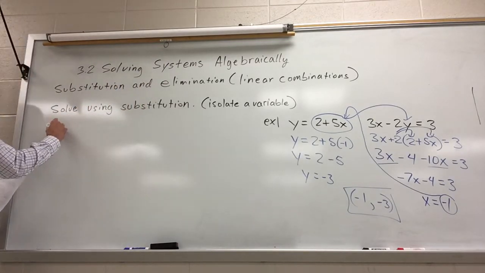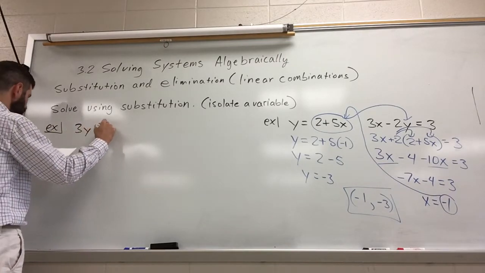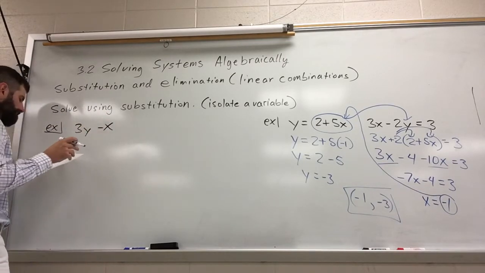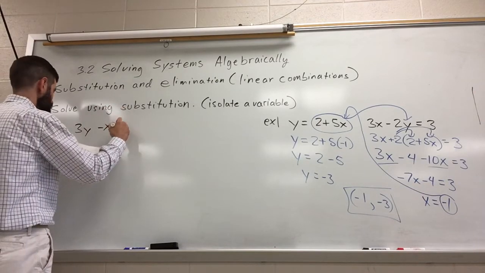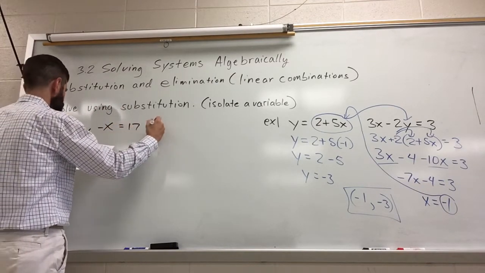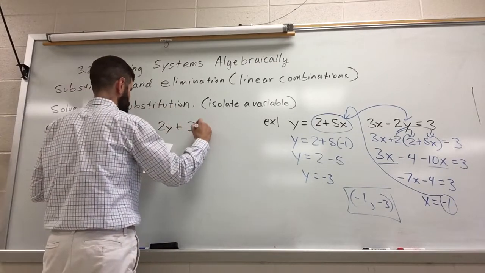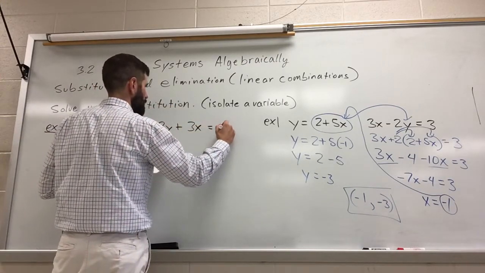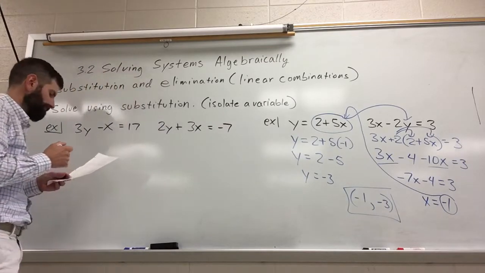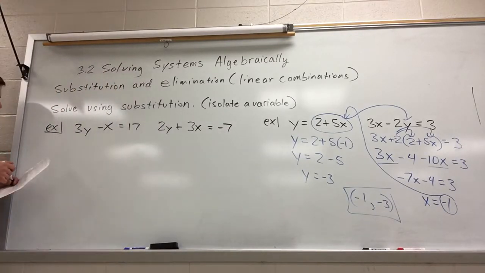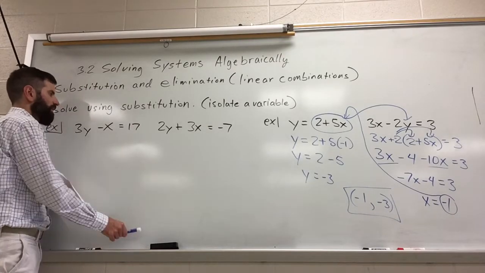One more substitution problem. 3y minus x is equal to 17. 2y plus 3x is equal to -7. Scan this problem. Let's look for the easiest variable to solve for.